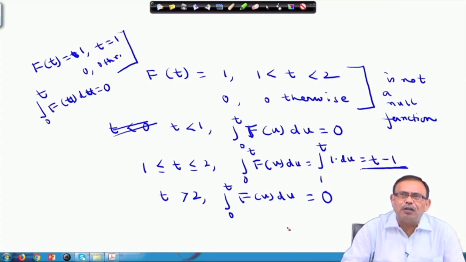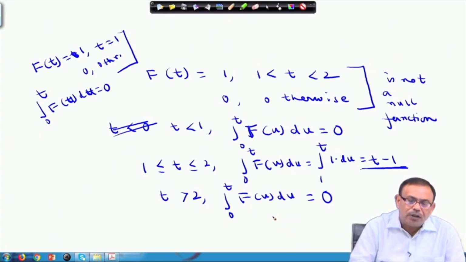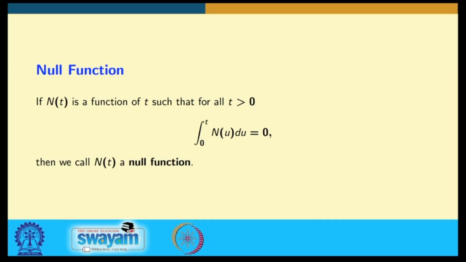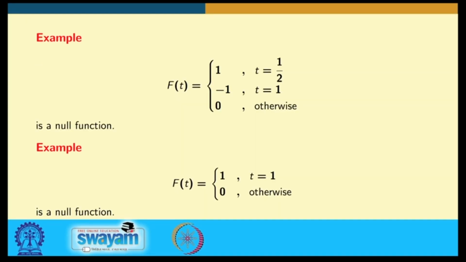Of course, there are certain reasons for studying this null function. It is related to the next topic, that is the inverse Laplace transform. So, as I told you, this function f(t) equals 1 at t equals half, minus 1 at t equals 1 and 0 otherwise is an example of a null function.